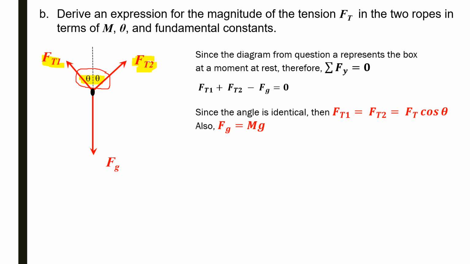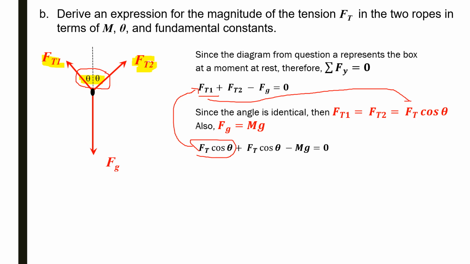All we have to do now is plug these values into the first equation that we have. By plugging in the values, we now have Ft cosine theta, because Ft1 is equivalent to Ft cosine theta as shown over here.